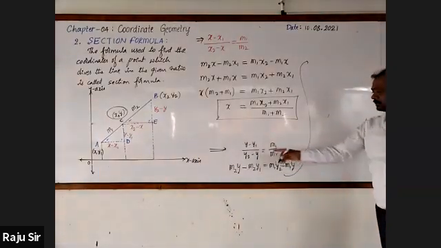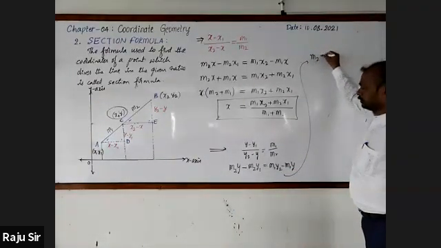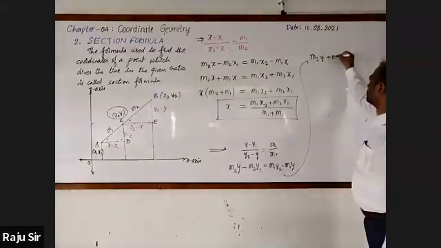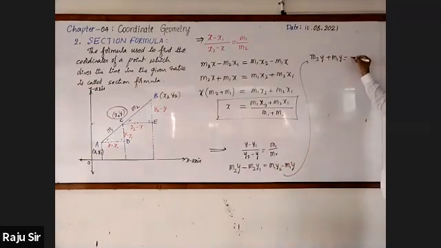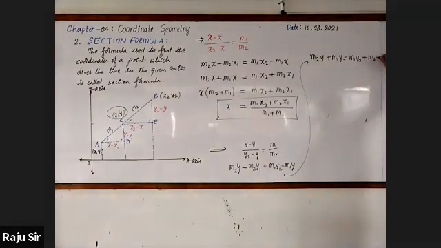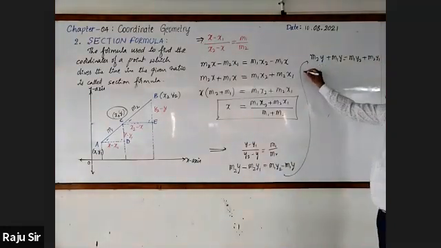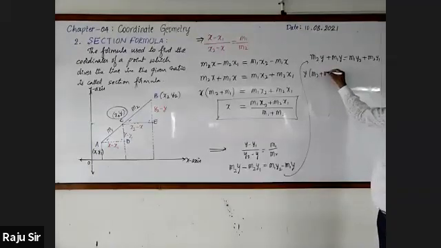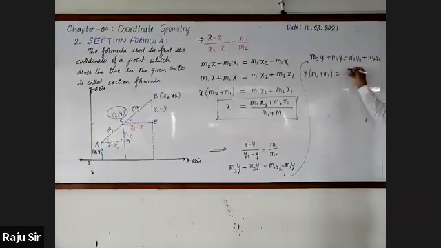Let us write y terms on the left hand side. m2y plus m1y is equal to m1y2 plus m2y1. Here also y is a common factor. You can write y into (m2 plus m1) equal to m1y2 plus m2y1. You want y only. Y is equal to (m1y2 plus m2y1) by (m1 plus m2). This is y.